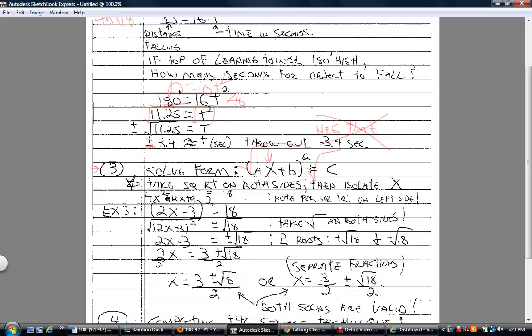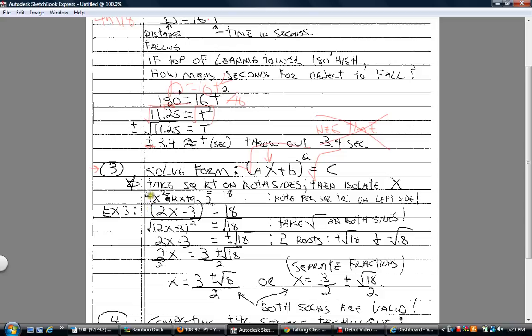What I tried to do up here was, if you were given the equation 4x squared minus 12x plus 9 equals 18 and asked to solve it, I want you to see where the parentheses came from, because when I had algebra back in the day, they never explained that.